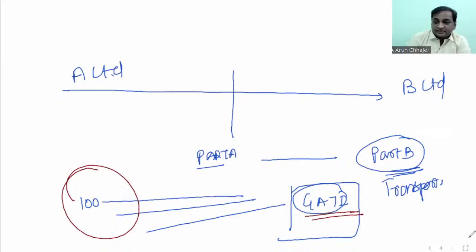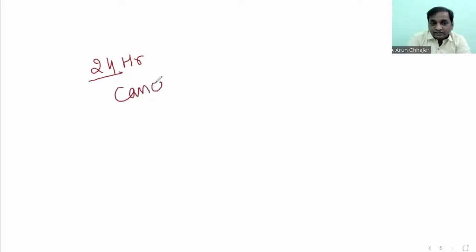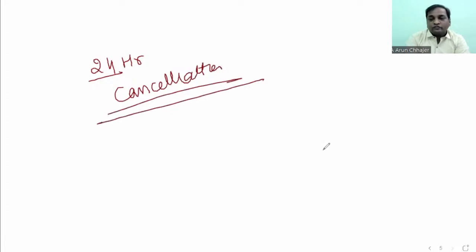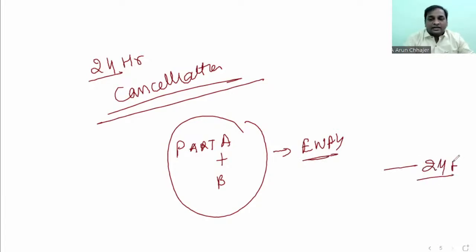Next question is the 24 hours time limit. This is with respect to cancellation of e-way bill. When part A and part B both have been entered and the complete e-way bill is there, and you need to cancel that e-way bill, it can be cancelled within 24 hours.